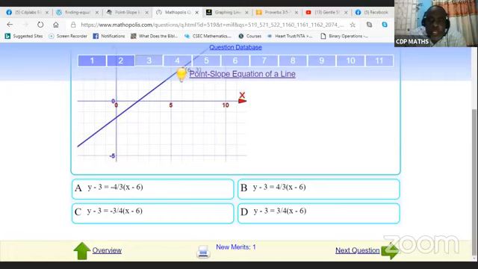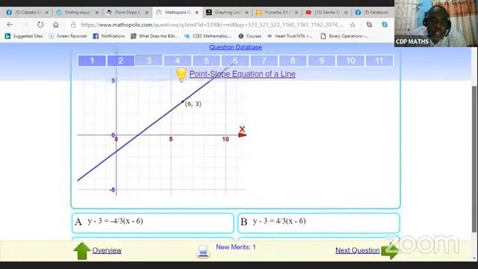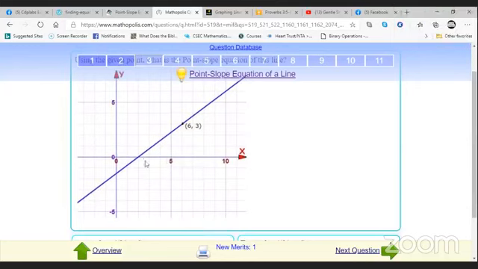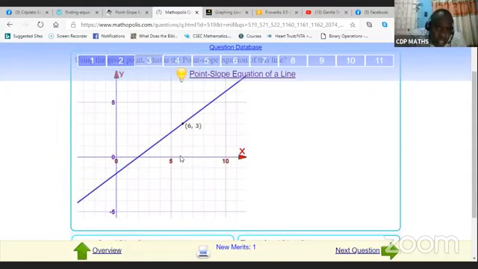So if we start from here, then rise would be 1, 2, 3, and run would be 1, 2, 3, 4.